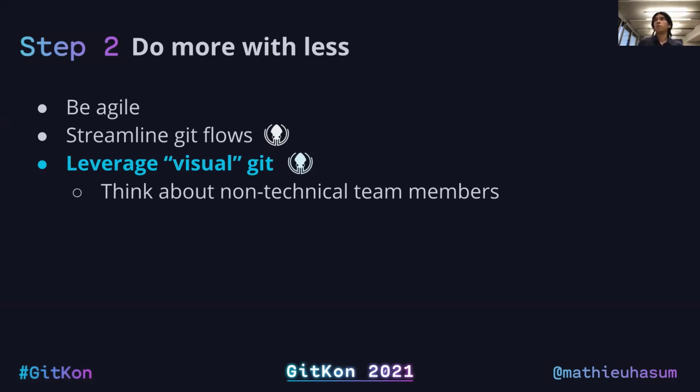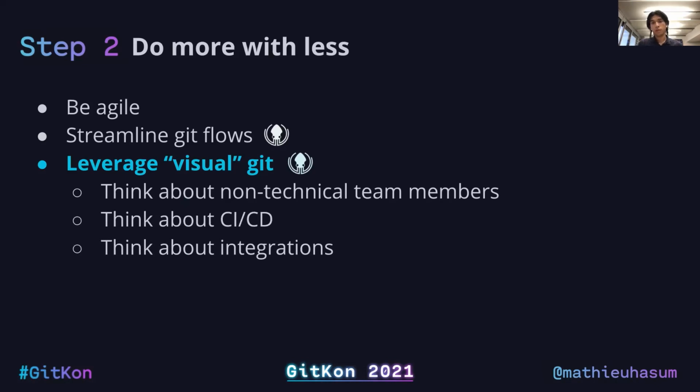In your team, you might have product owners, maybe technical product managers. Maybe they can install GitKraken or a Git GUI and use it as a history or a changelog. What are some ideas that can be put into place? So think about CI/CD, automation, and think about integrations. So do more with less.